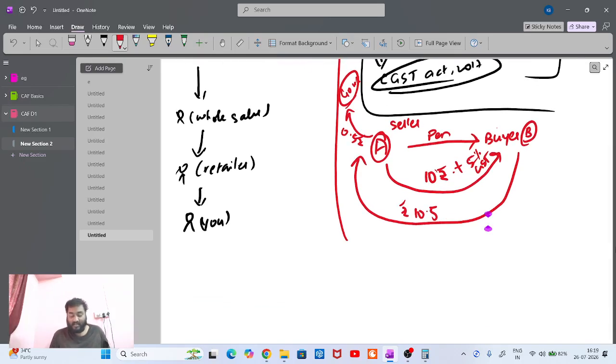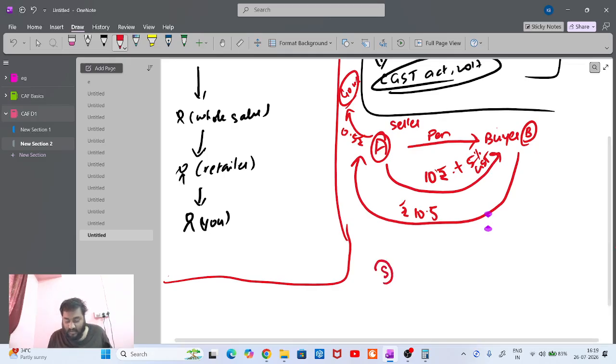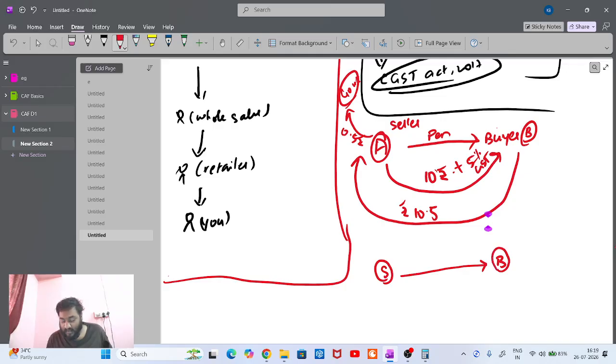I will tell you again. Seller, buyer. The seller sells goods of 1 lakh rupees to the buyer plus 12% GST has to be paid.